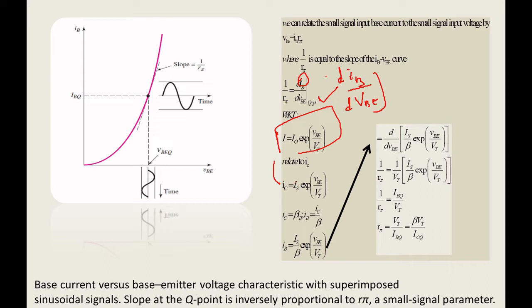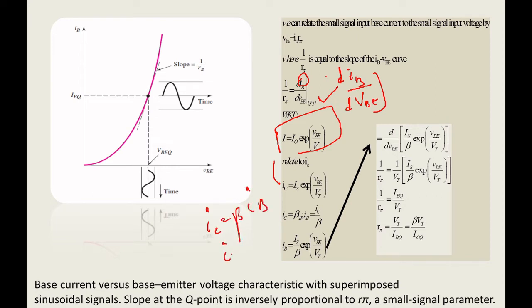It varies from 10 to the power minus 14 to minus 18. The exponential of V was customized as base-emitter because we are doing it for the base and emitter part. So that's why it is VBE divided by VT, the thermal voltage. You know the thermal voltage, 0.026.